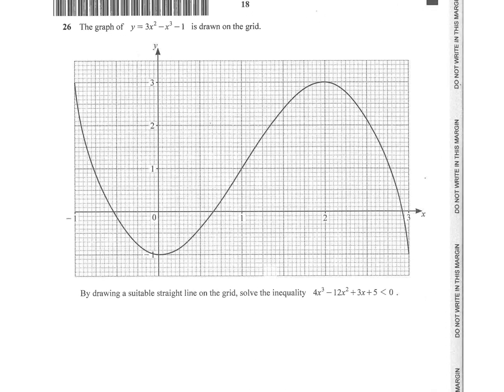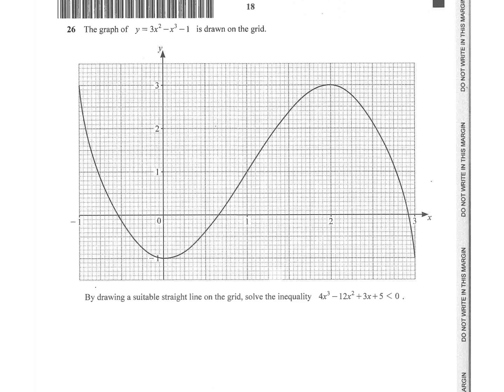This one. Okay, if they ask you to draw a suitable line, always look at this versus this. Okay, you want to make sure that your equation on the left looks like that one. So what I will do is I will bring everything that is not necessary to the other side.